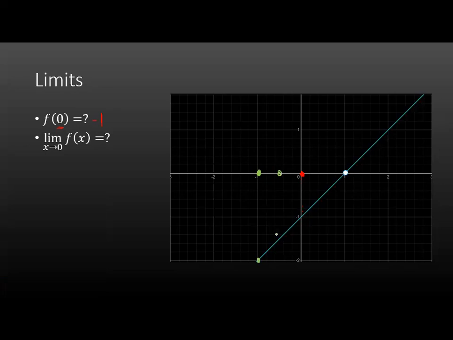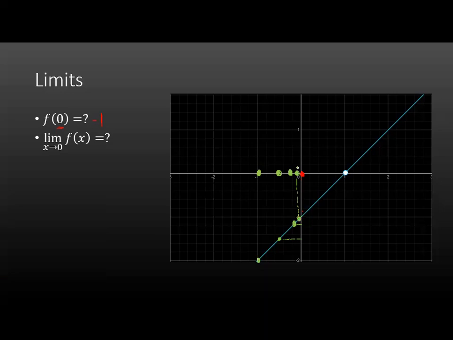It gets closer to this point. It doesn't state what the point is here, but I think you get my point. Now let's get even closer to 0. As you can see, it's getting closer to -1. So if we let this get closer to 0, it's getting closer to -1.